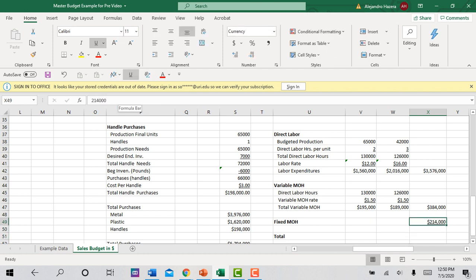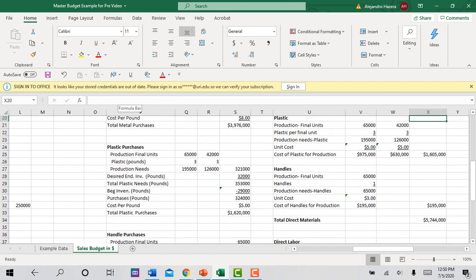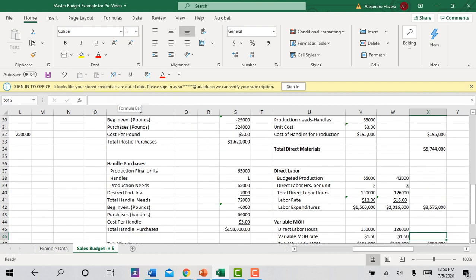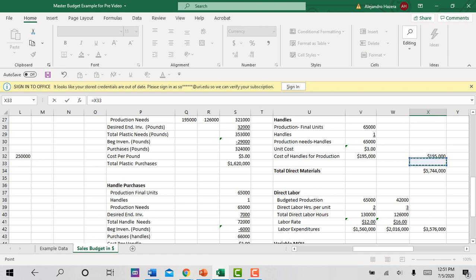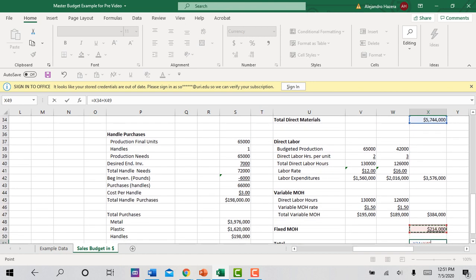These numbers are just given. Fixed manufacturing overhead is usually just given. So our total manufacturing costs: direct materials is $5,744,000. Our direct labor costs are $3,576,000. These are all costs that go directly into the product.